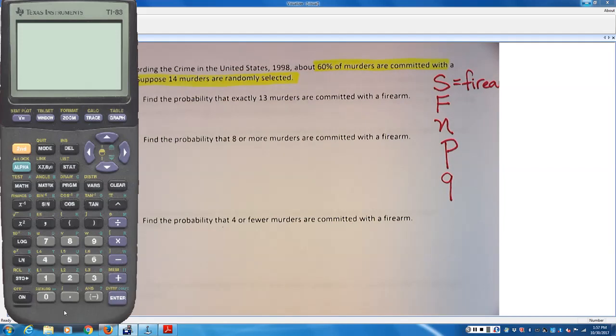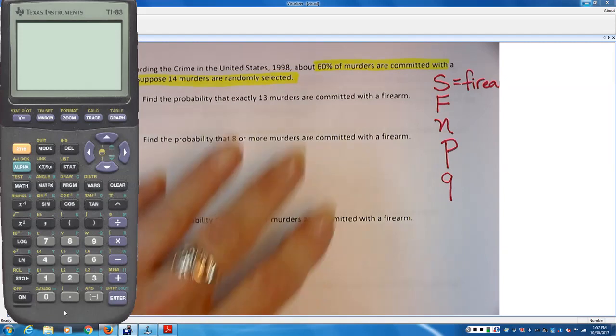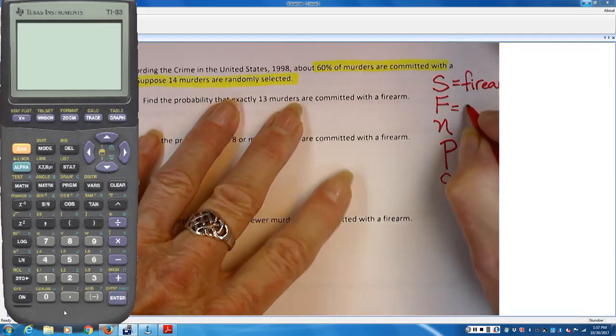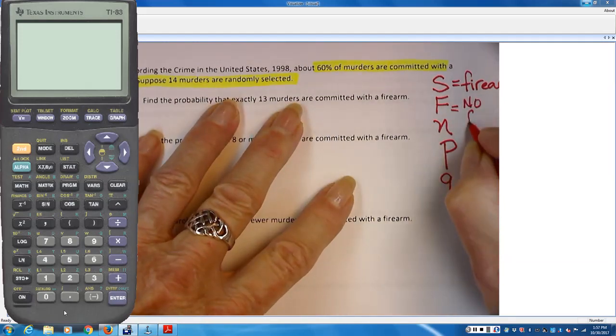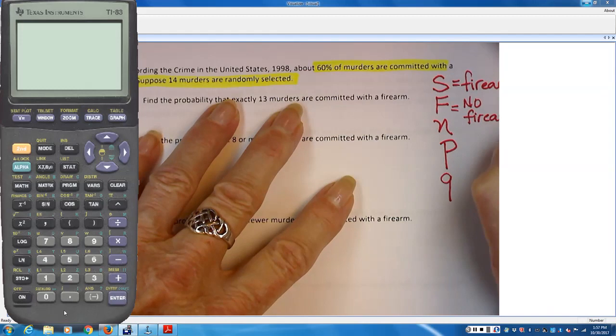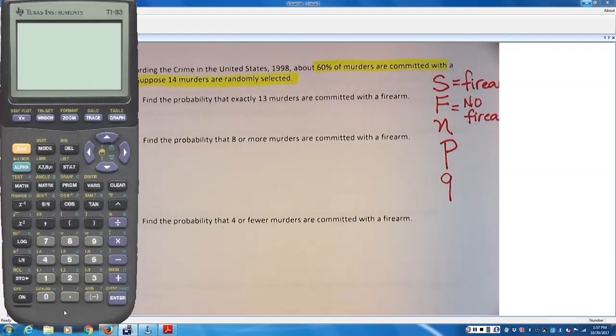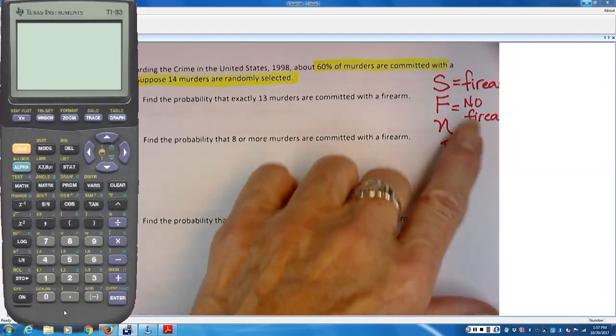What is failure then? No firearm. That's all the other ways: strangled, drowned, suffocated them with a pillow, chopped them up in little bitty bits, dropped them in cement. You know, there's lots of ways to kill people that don't involve firearms. And that includes all of them.